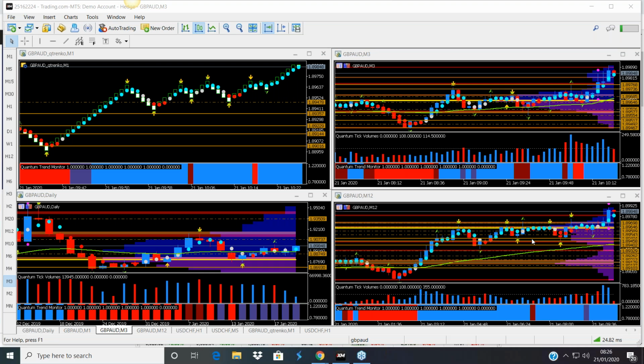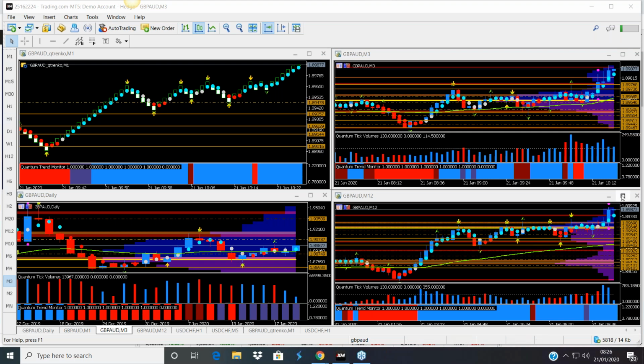Or if you've only got the one and you decided to wait and see if this is going to carry on, and it does carry on, then perhaps you can add another one. So you use your knowledge of how the price action and volume works in terms of creating the chart structure.